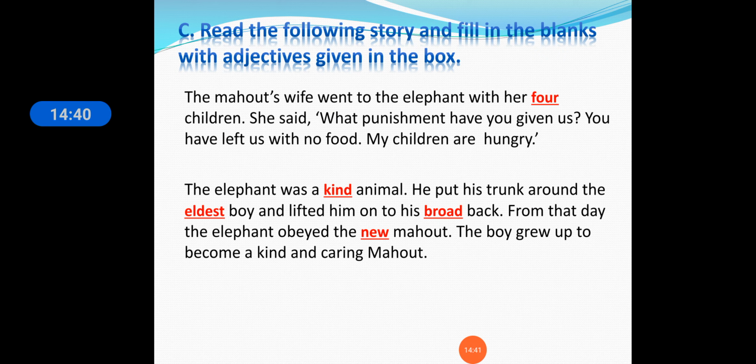So the mahout's wife went to the elephant with her 4 children and complained about what punishment he has given to her children, and her children are hungry. The elephant was a kind animal, so he puts the eldest boy on his broad back.